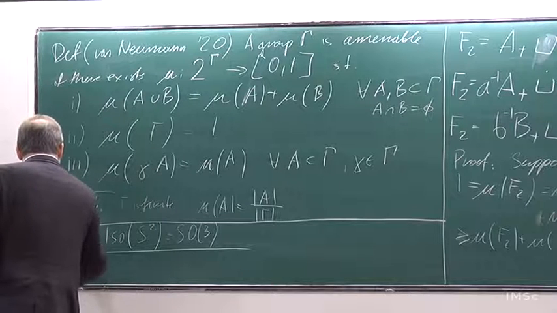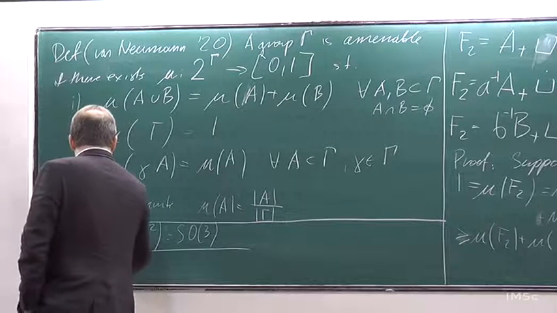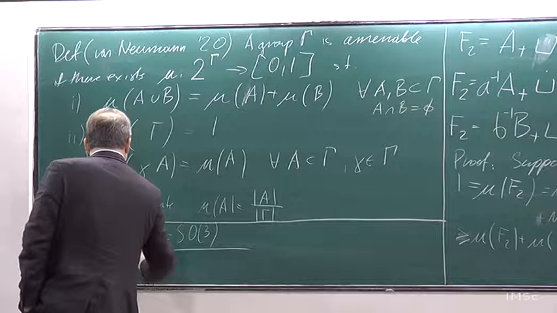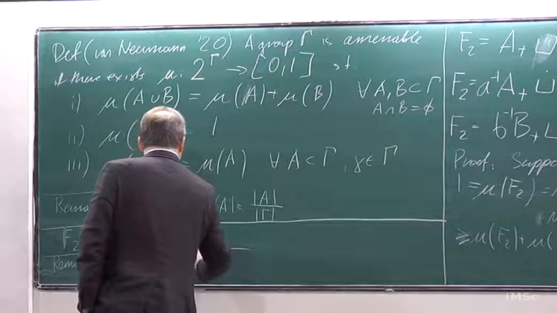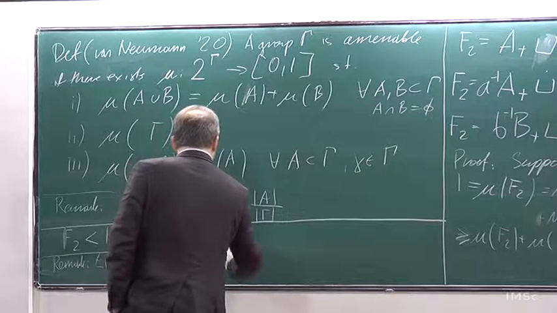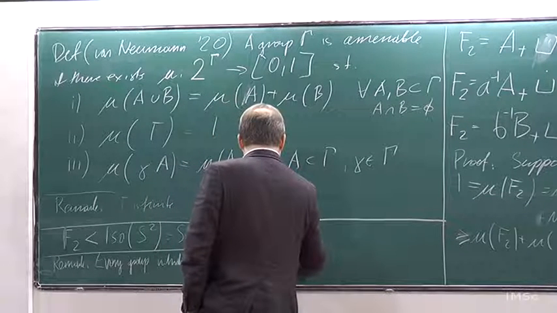Another remark is that actually every group which contains F2 is not amenable.